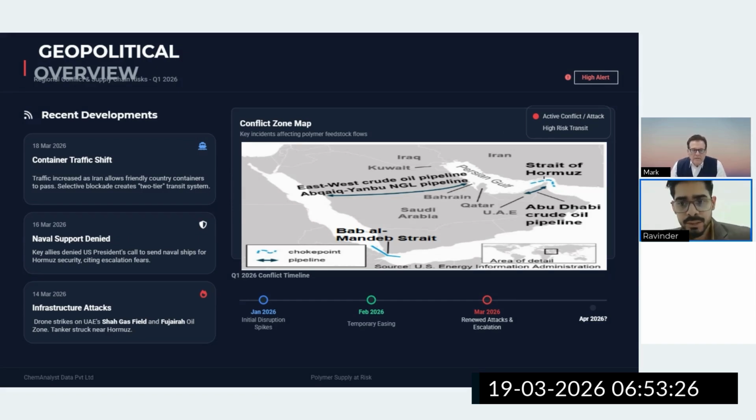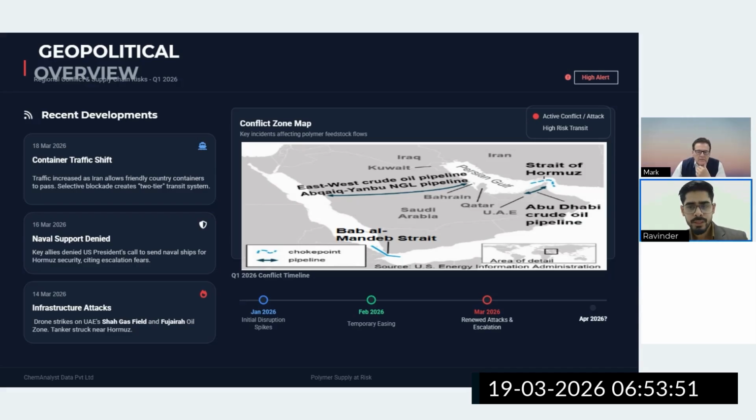In some cases, some analysts have argued that the prices of crude oil might breach $200 per barrel. That will be a disaster. That will increase the inflation in every other country, including Asia, Europe, Middle East, and America as well.